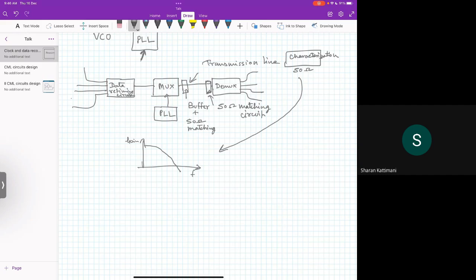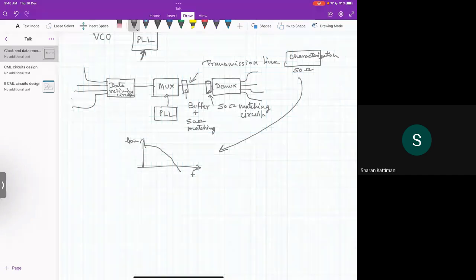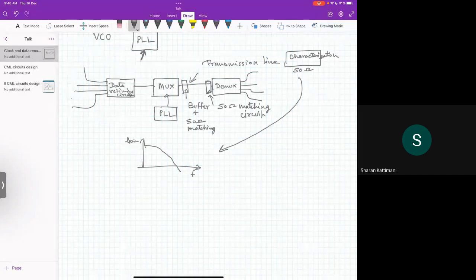You know that there will be some corruption in the transmission line, and you are processing the data in advance, so that the corruption can be compensated in advance.